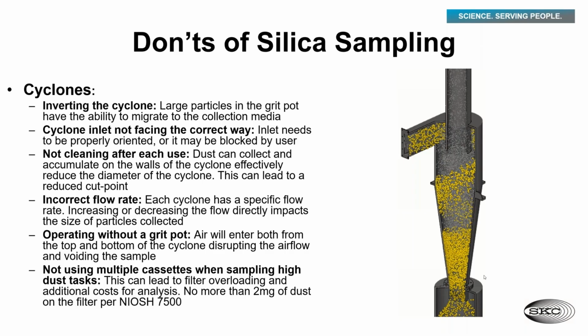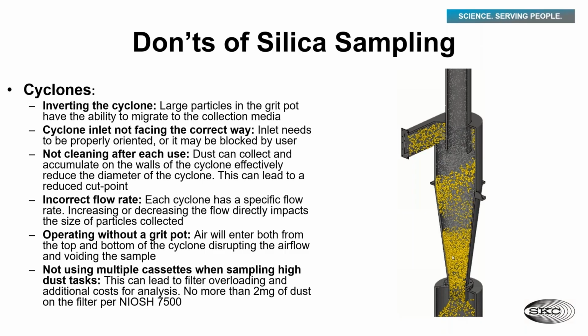Operating without a grit pot. These cyclones are designed to have air come through the inlet to do their cycloning action to spin out the larger particles. If you remove this, we'll call this bottom part the grit pot, what you've done is now you've created two openings to the cyclone. Air is coming in through the top, it's also coming in through the bottom.